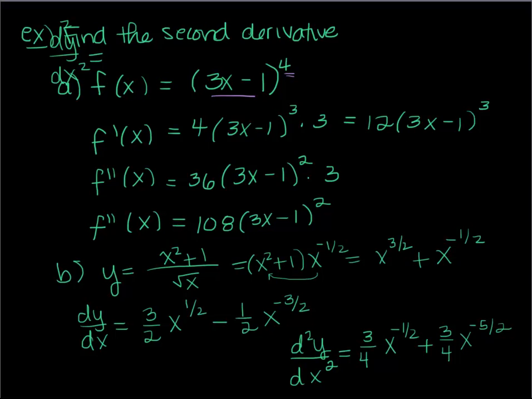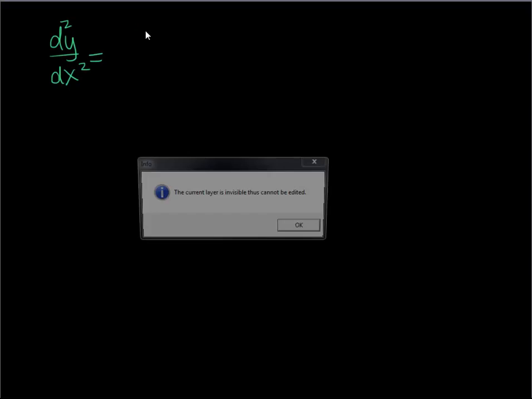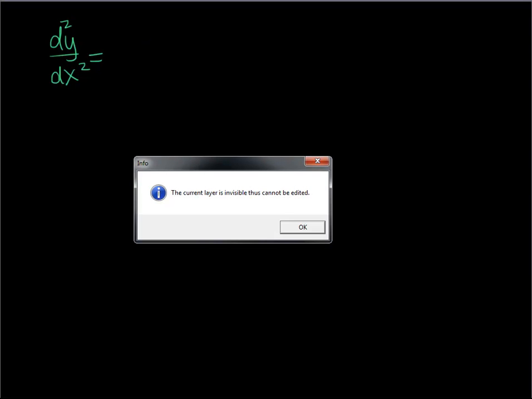We have d squared y over dx squared equals, the second derivative. So we had 3/4 times x to the negative 1/2. So I'm going to put that on the bottom.